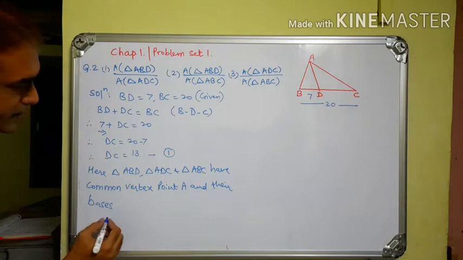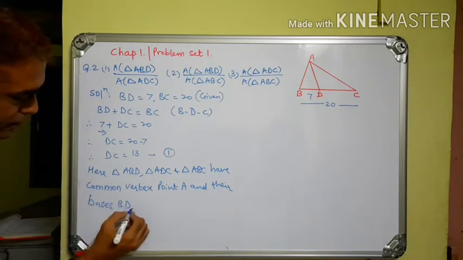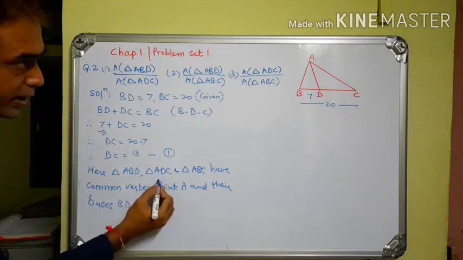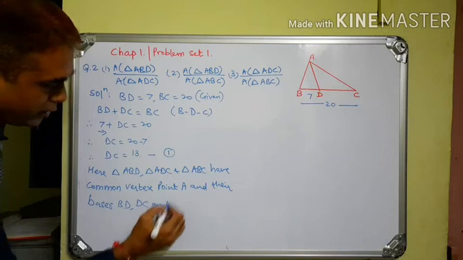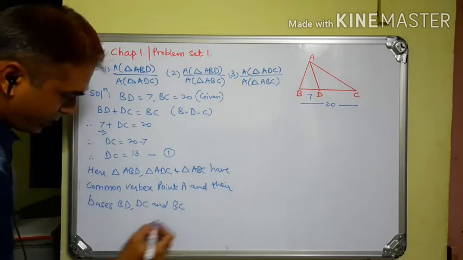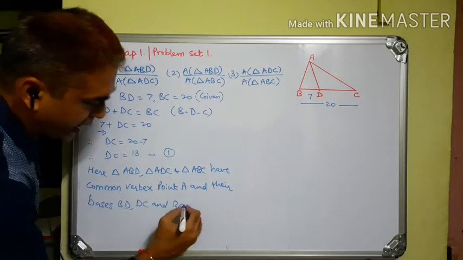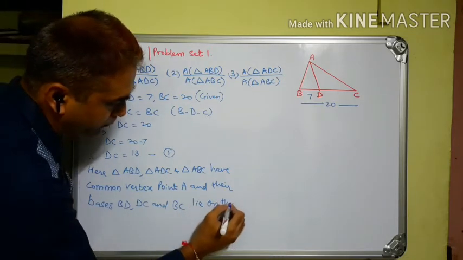What are their bases? Base of triangle ABD is BD, base of triangle ADC is DC and base of triangle ABC is BC. Their bases BD, DC and BC lie on the same line.